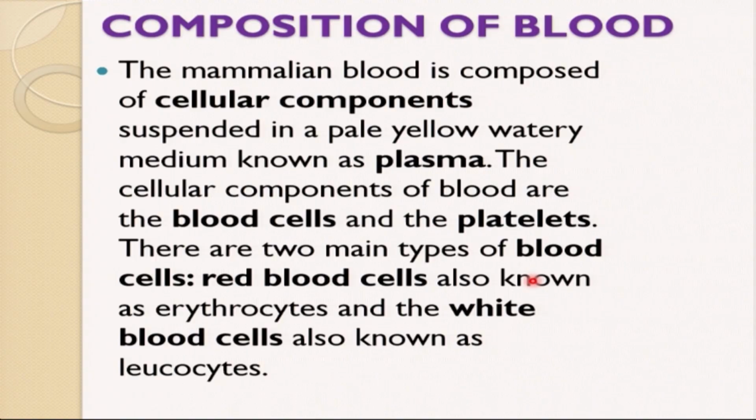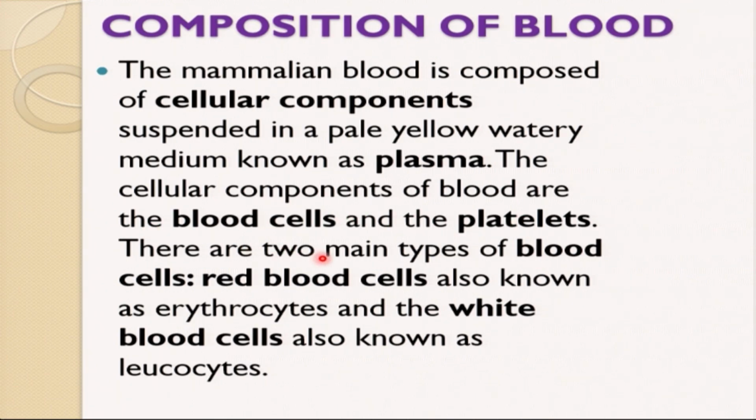Let us go through it again. Mammalian blood is composed of several components, suspended in a pale yellow watery medium known as plasma. The cellular components of blood are the blood cells and platelets.